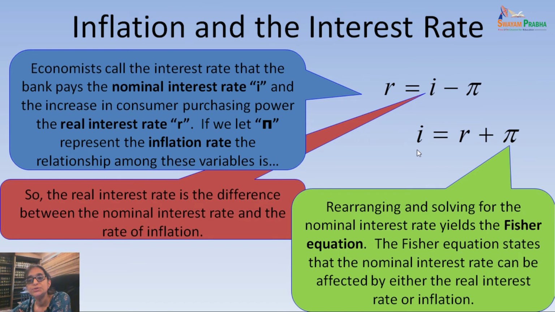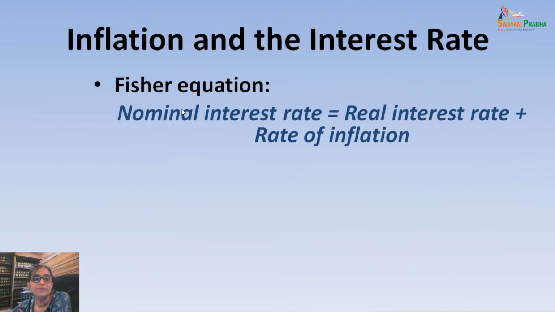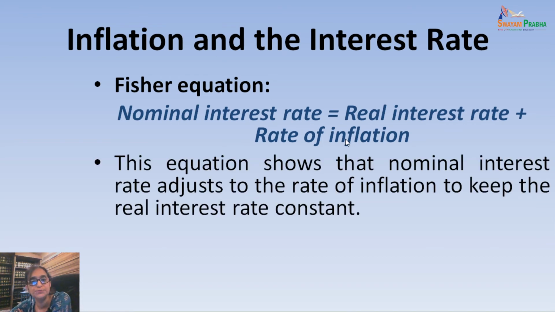What does this equation say? This equation says that nominal interest rate is equal to the real rate of interest plus the inflation rate. This nominal interest rate, in other words, means that it is dependent on the rate of inflation and the real rate of interest. So the Fisher equation, we have just said, is nominal interest rate is equal to real interest rate plus the rate of inflation.